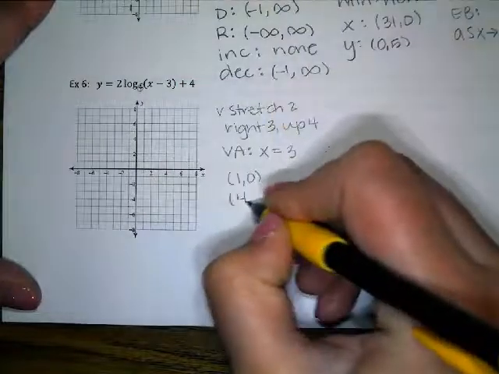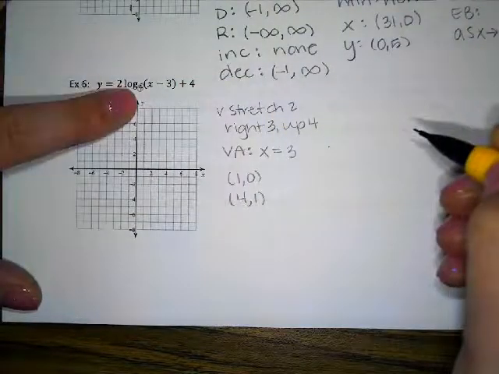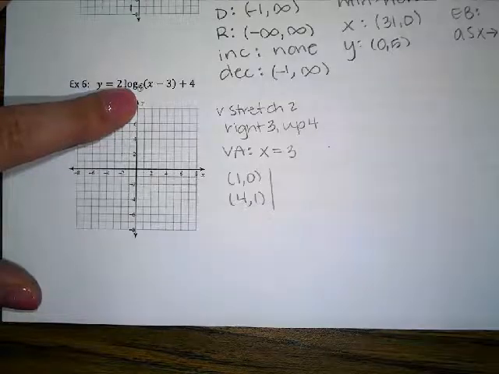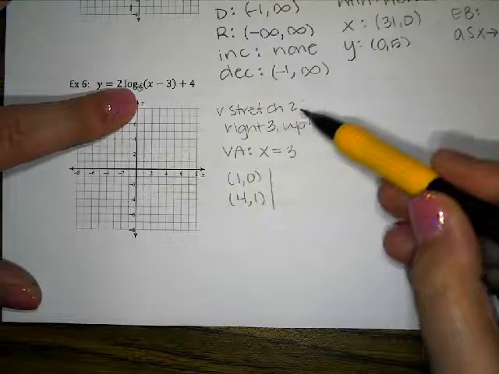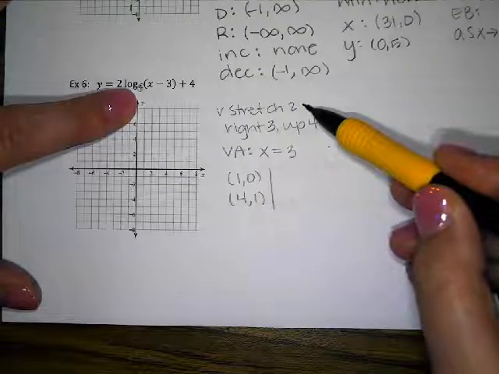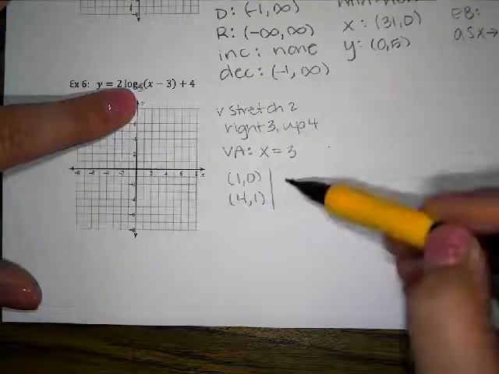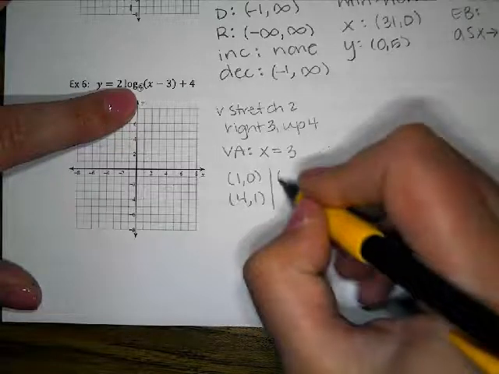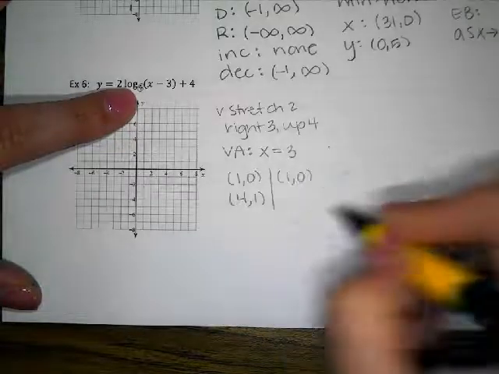Okay. And then we're going to do our transformation for vertical stretch of 2. So what are the points now? Not 2, 0. Still 1, 0, because 0 times 2 is still 0. And then 4, 2. So we took the y coordinates and we multiplied them by 2.